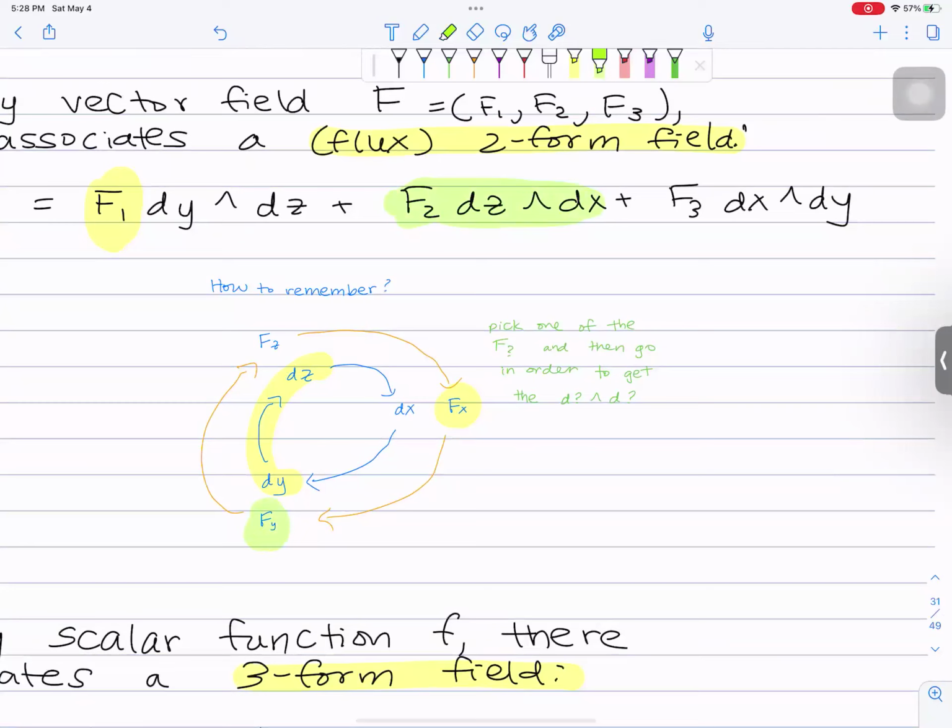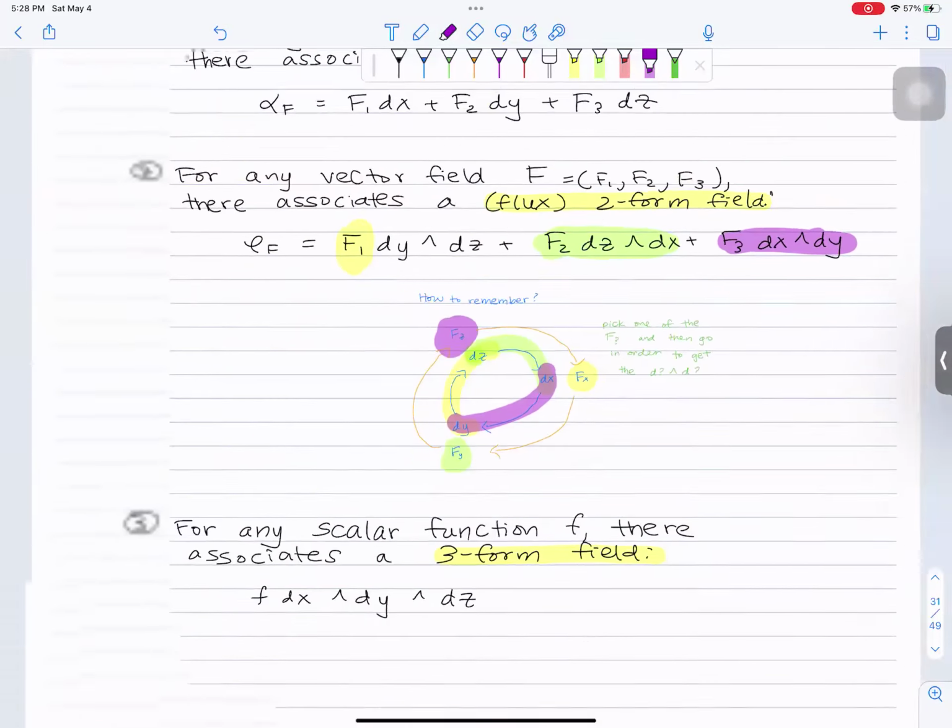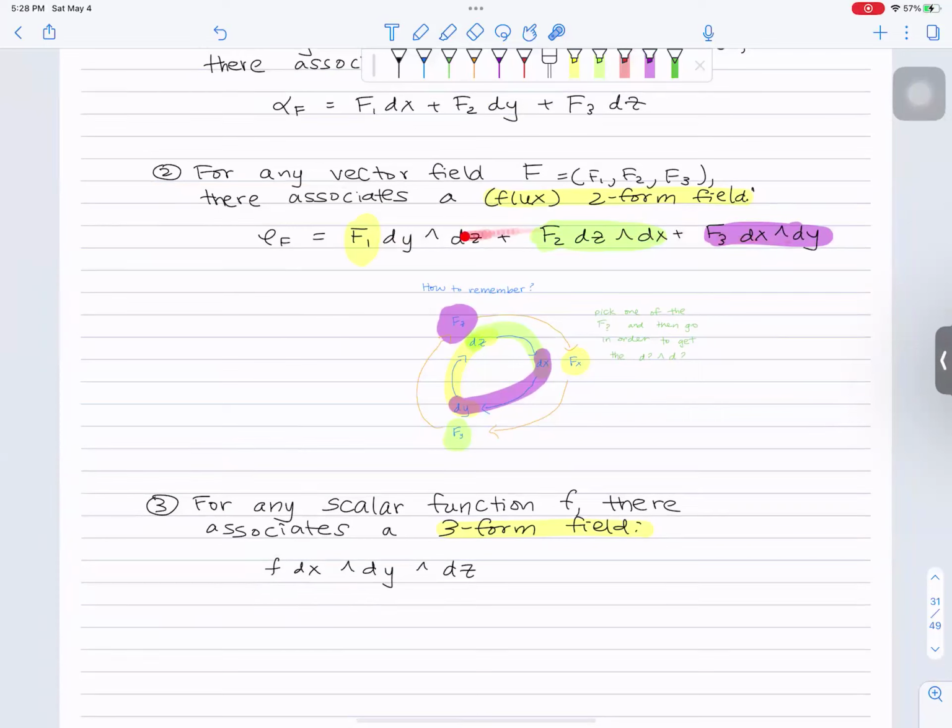That's f2. And then I go into the inner circle, and I skip the one that it's associated to. So I start at dz, dx. And then what is the third one? That's f_z. I go to the inner circle, and I get dx, dy. So that's how I make sure I remember the correct order for these 2 forms. And then a 3 form means it has the 3 wedges here.